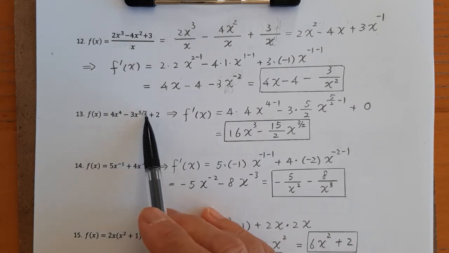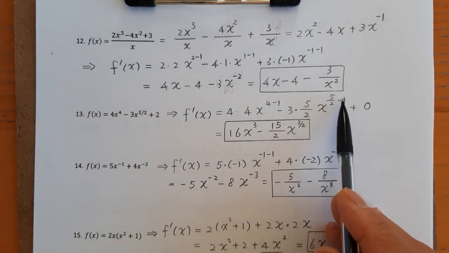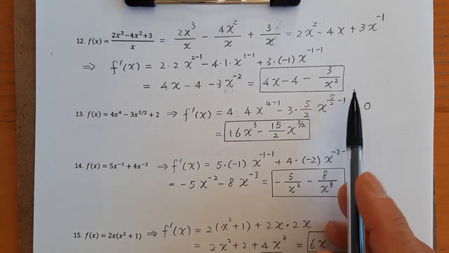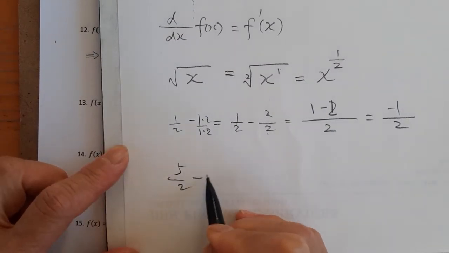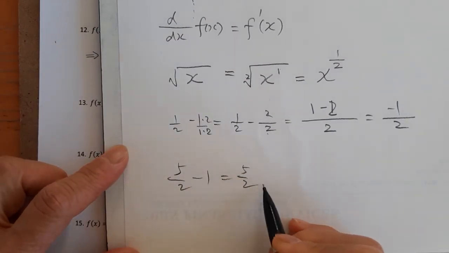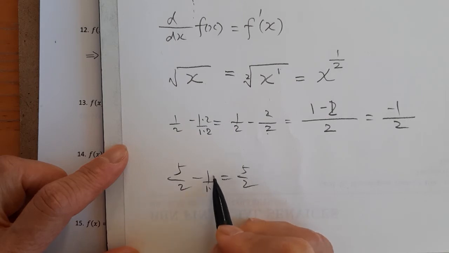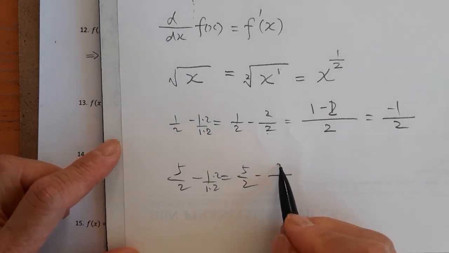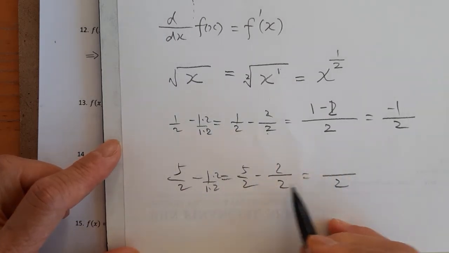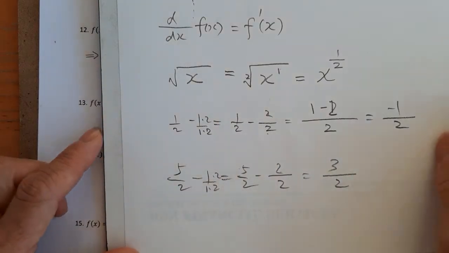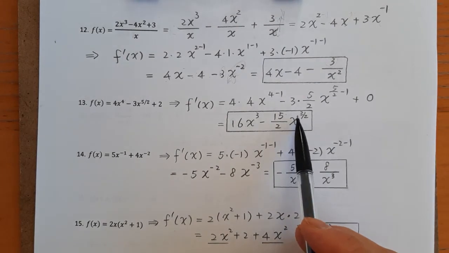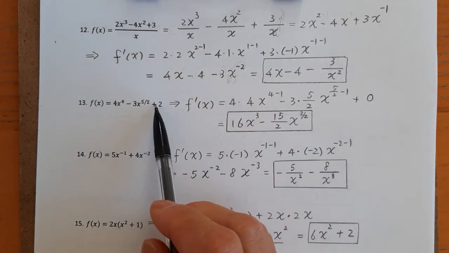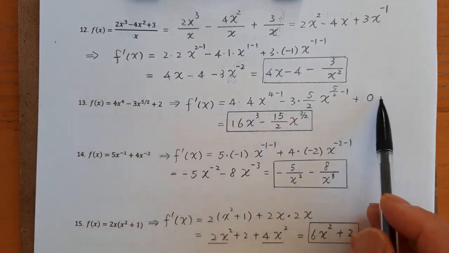X to the power 5 over 2 minus 1. 5 over 2 minus 1. 1 is 1 over 1, times 2 on both sides, and get the same denominator, which is 2. The numerator 5 minus 2 gets 3 over 2. So we got x to the power 3 over 2. And then the constant term 2, take derivative is 0.